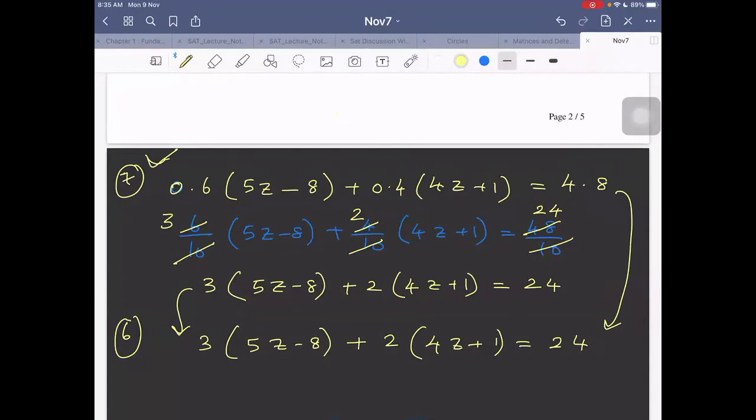That will end up as question number 6. In question number 7, if you get rid of the decimals, it will end up like question number 6. Okay? Understood?